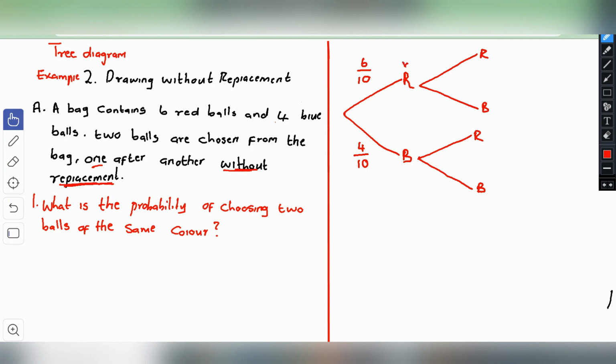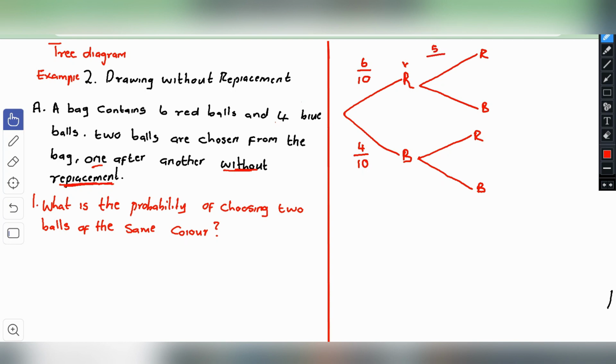On the red branch, right? We're still on the red branch. So as we are on the red balls branch, the total number of the red balls is going to change. It was 6, right? So we need to subtract 1. Therefore, we're going to have 5 all over.